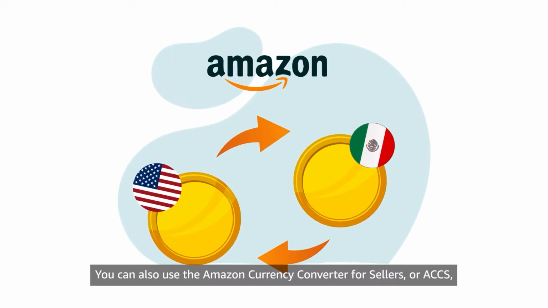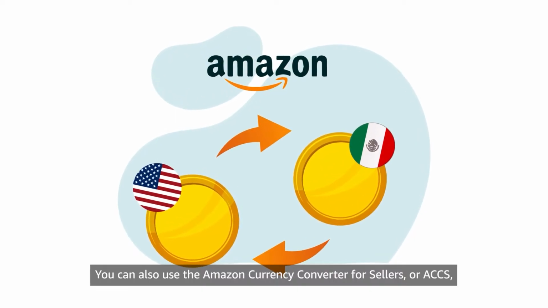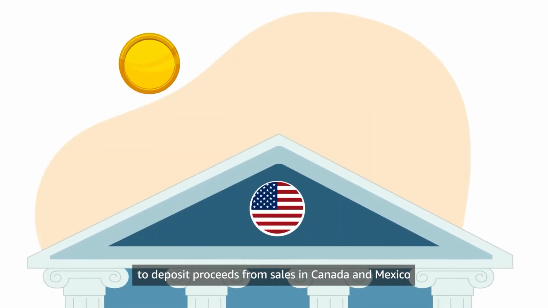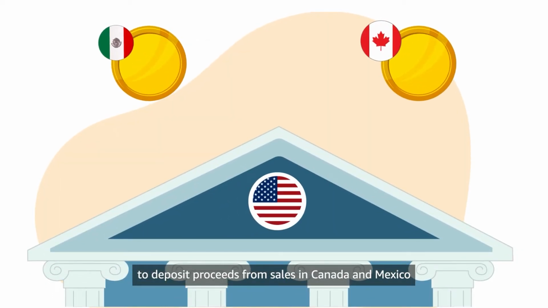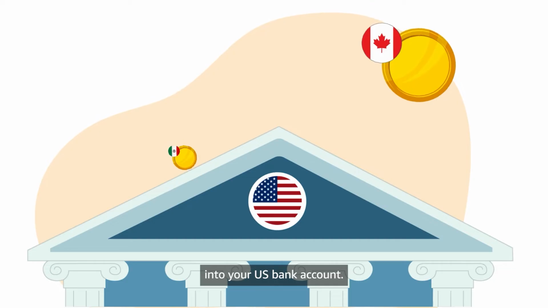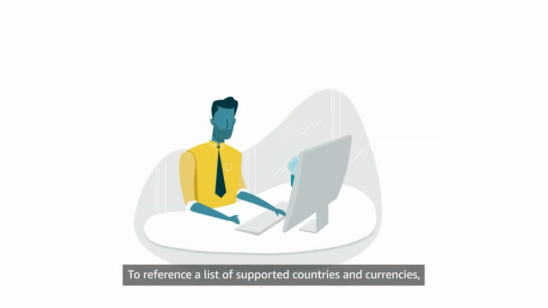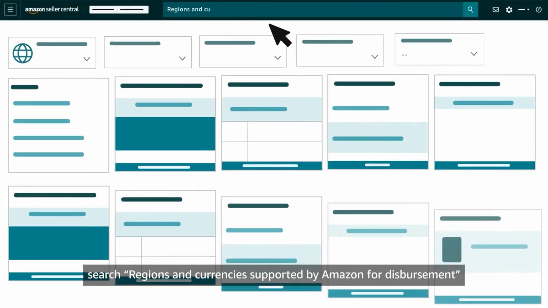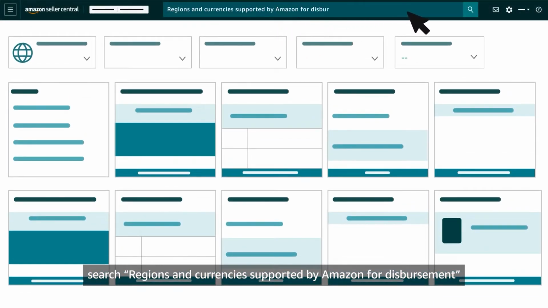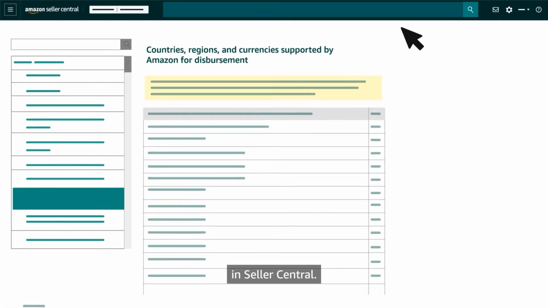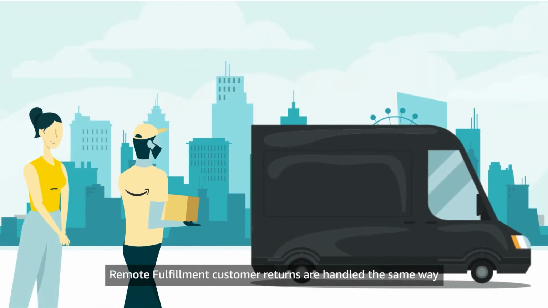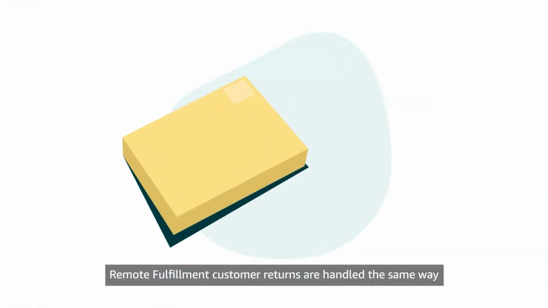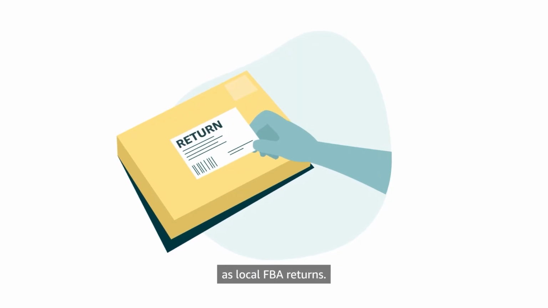You can also use the Amazon Currency Converter for Sellers, or ACCS, to deposit proceeds from sales in Canada and Mexico into your U.S. bank account. To reference a list of supported countries and currencies, search Regions and Currencies Supported by Amazon for Disbursement in Seller Central.